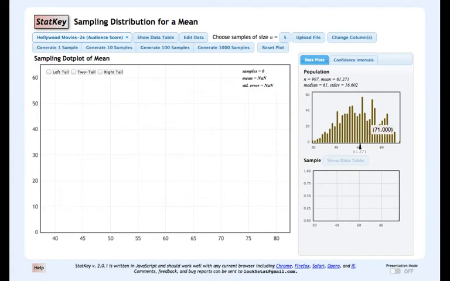The only reason I wouldn't call it bell-shaped is that it doesn't have those nice tapered tails. Especially over here on the right, it just sort of stops abruptly. On the left, we have a little bit of a tapered tail, but not quite bell-shaped.